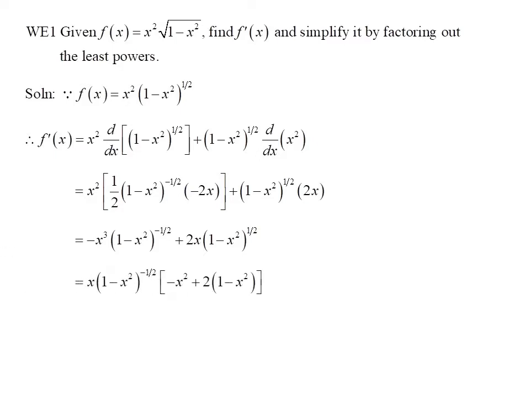Finally, the derivative function f prime of x equals x times (2 minus 3x squared) divided by the square root of 1 minus x squared.